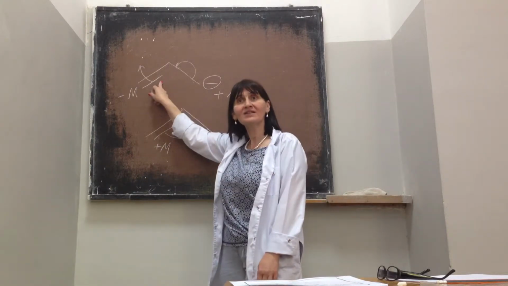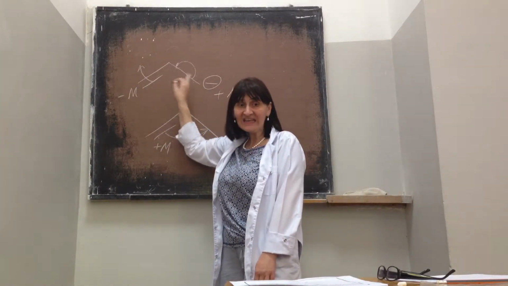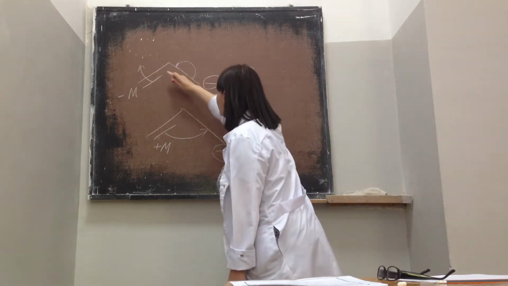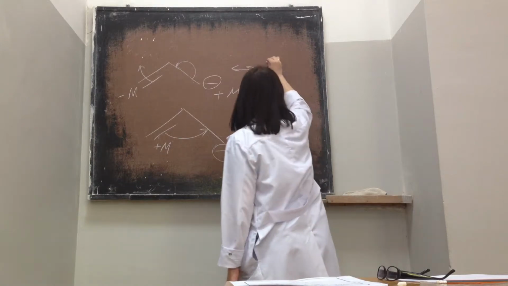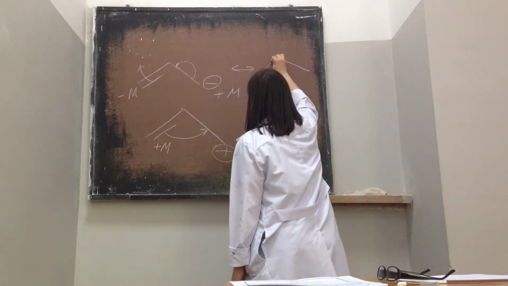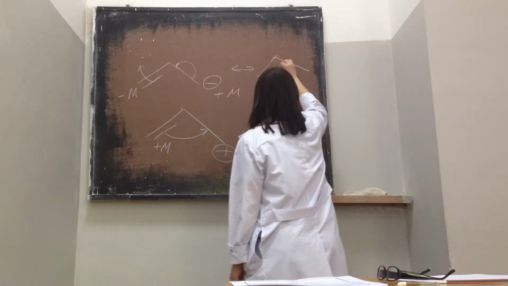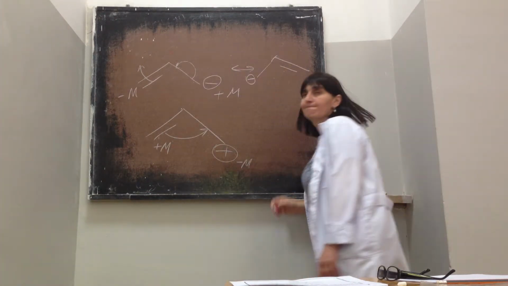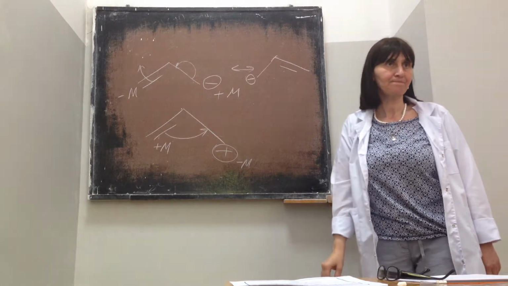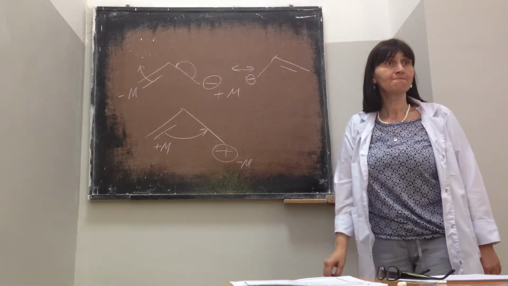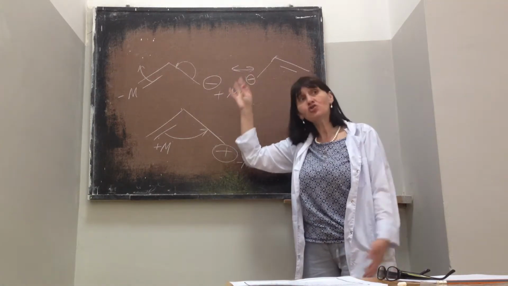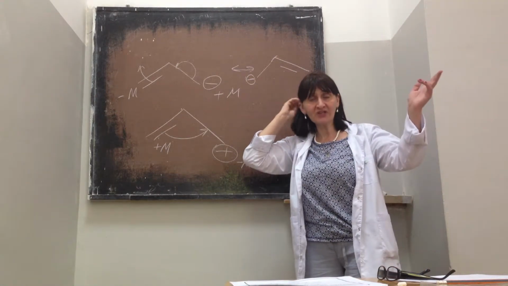But in any case, you can draw another version of the resonance structure where your double bond moves here, so here you have a double bond and here you have minus. So you have two structures. This is one version of distribution of these electrons.